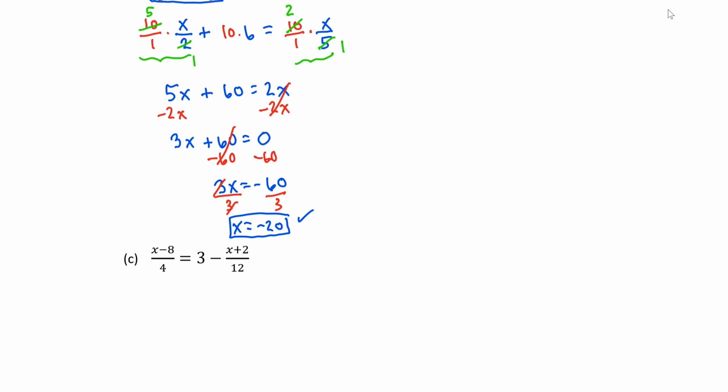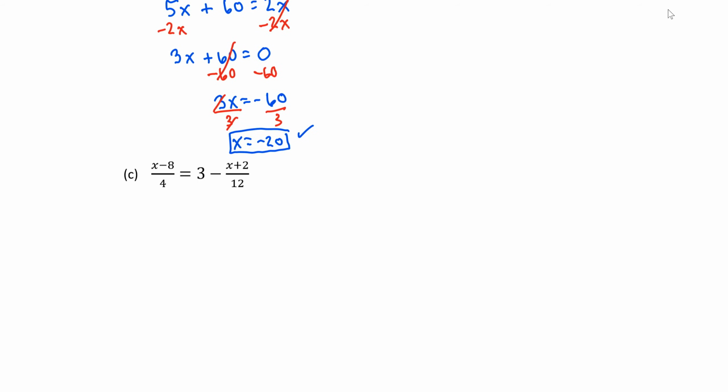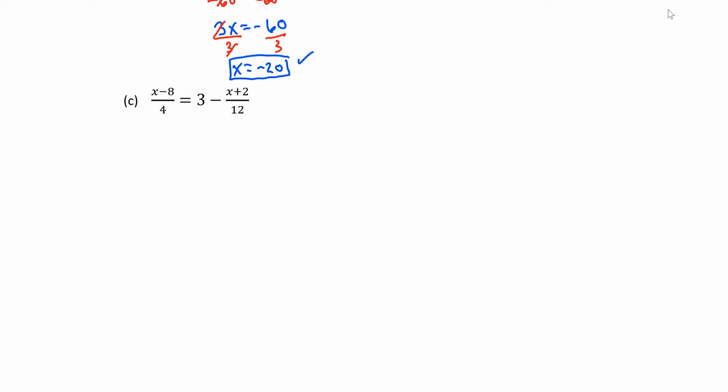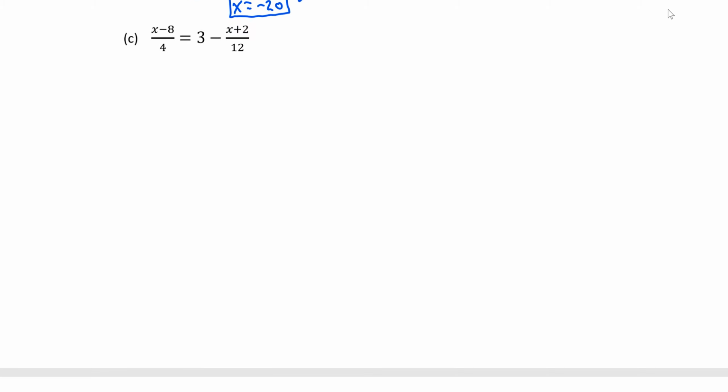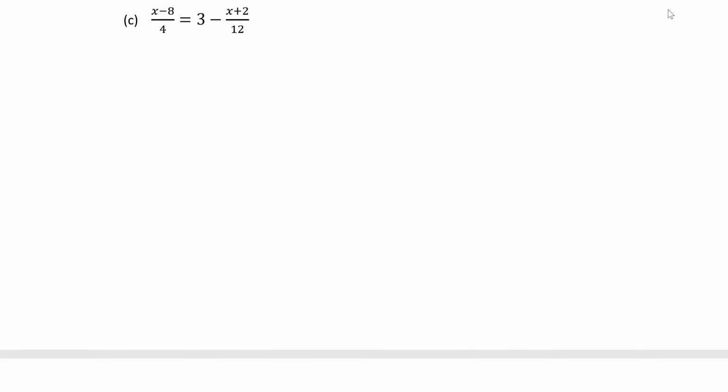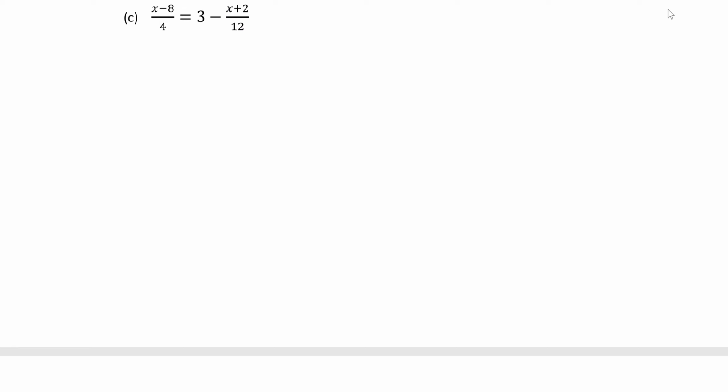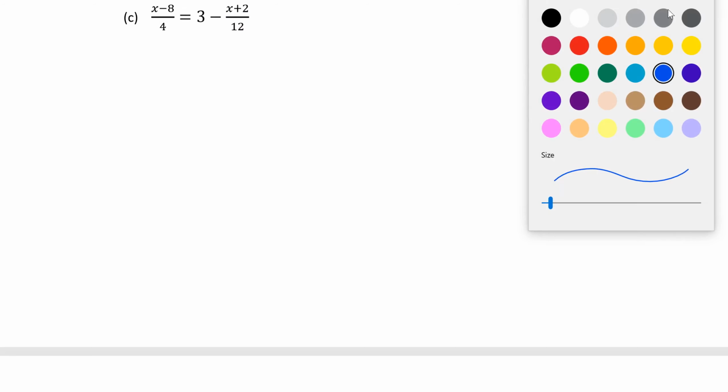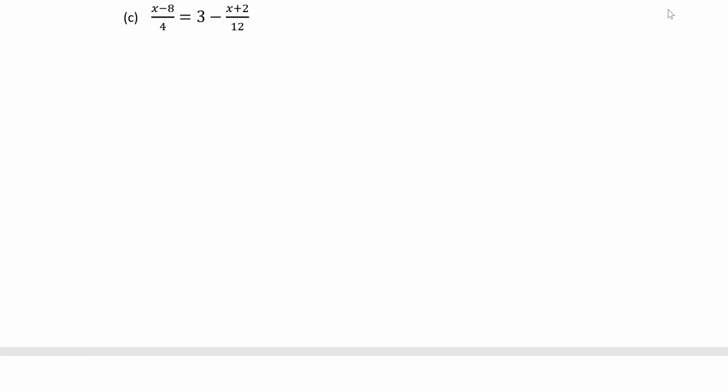The next example also has fractions. It's a little more complicated, and so using this technique of multiplying by the LCD will really simplify this equation. So let's first discover what our LCD is. The LCD is 12, lowest common denominator.